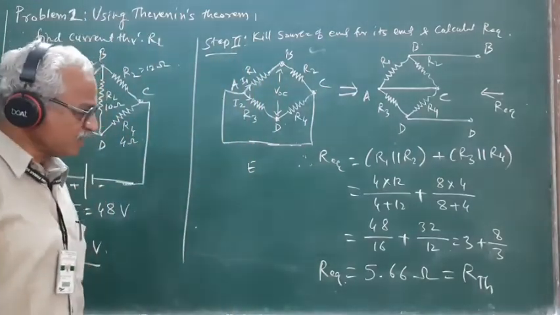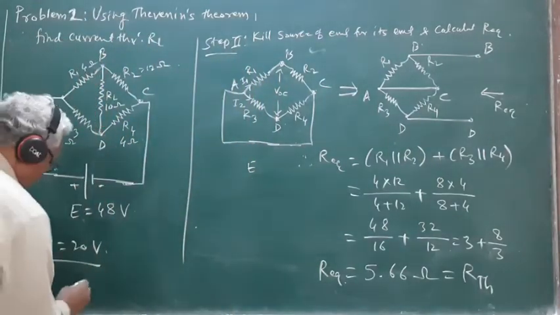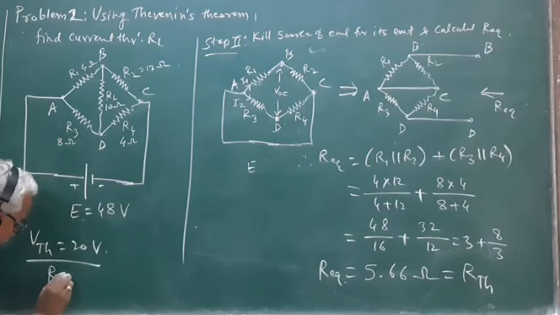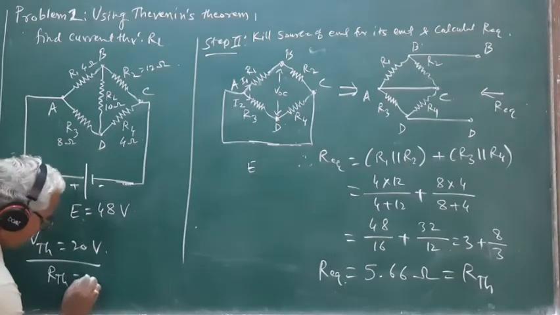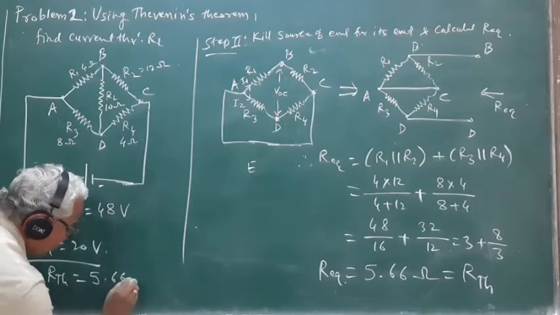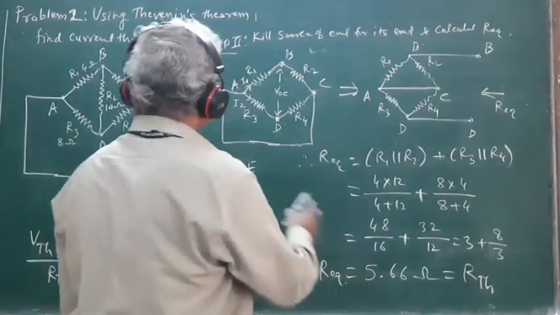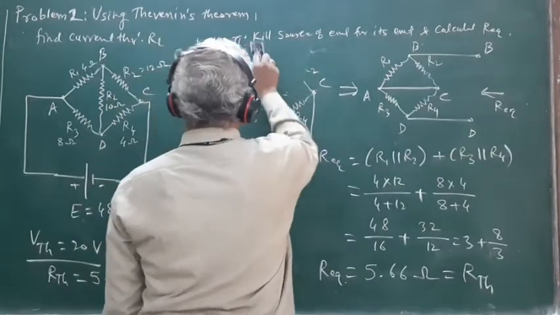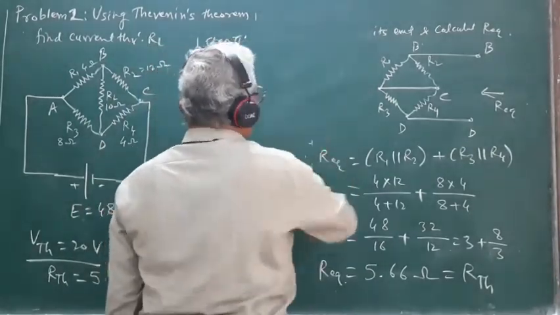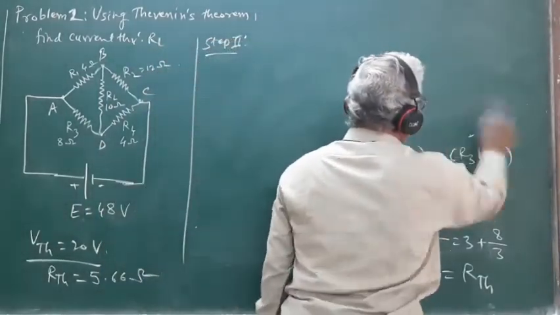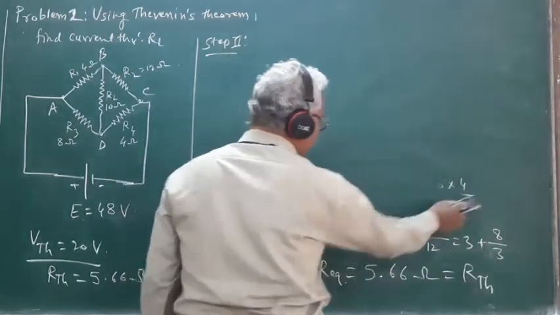This is nothing but the value of RTH. So RTH is equal to 5.66 ohm. Once we know the values of VTH and RTH, now we can draw the Thevenin equivalent circuit.